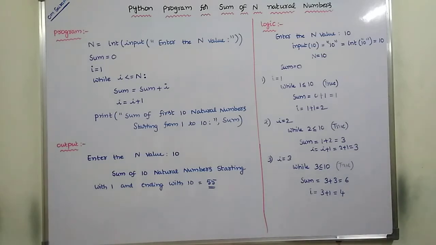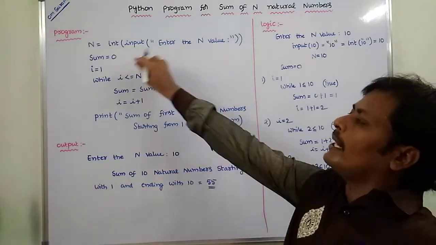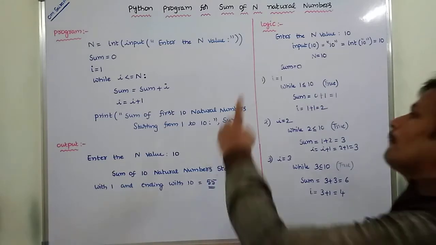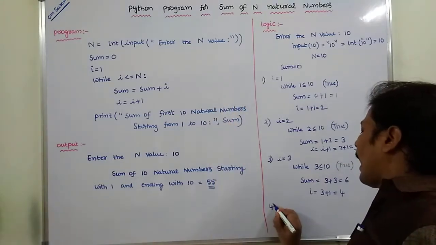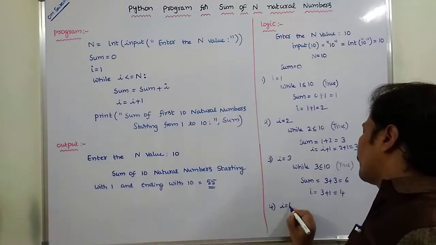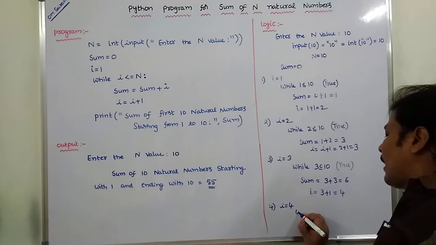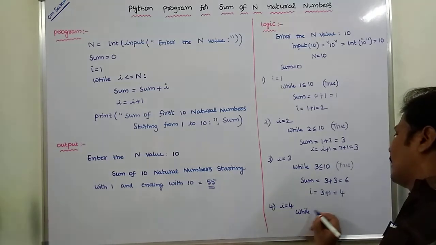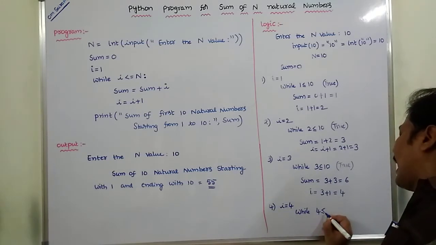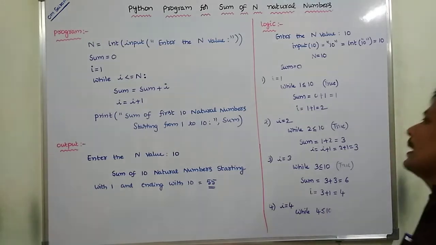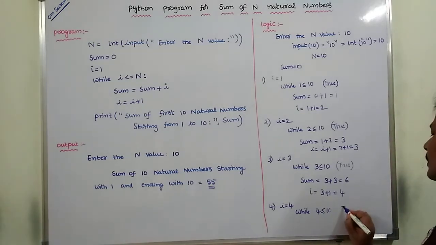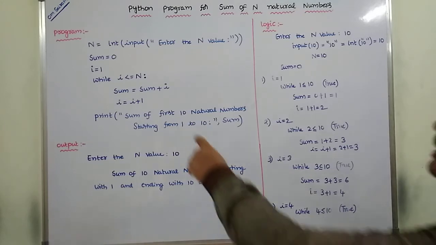Next, go to the while loop. Now I value is equal to 4, because in the previous step I value is 4. While I less than or equal to 10: I value is 4 and n value is 10, so the condition is true.